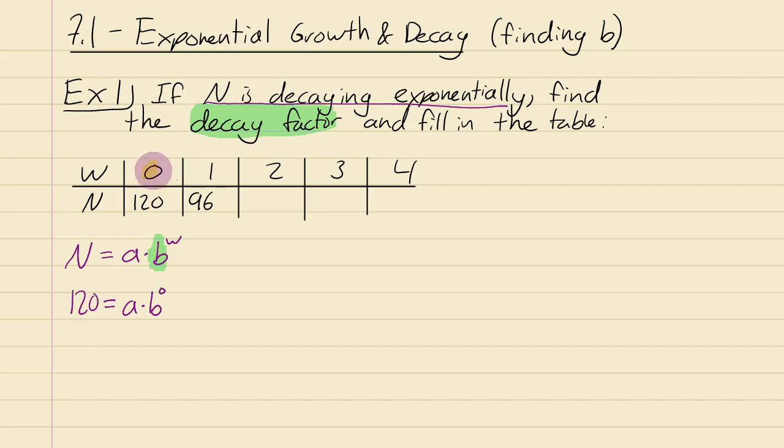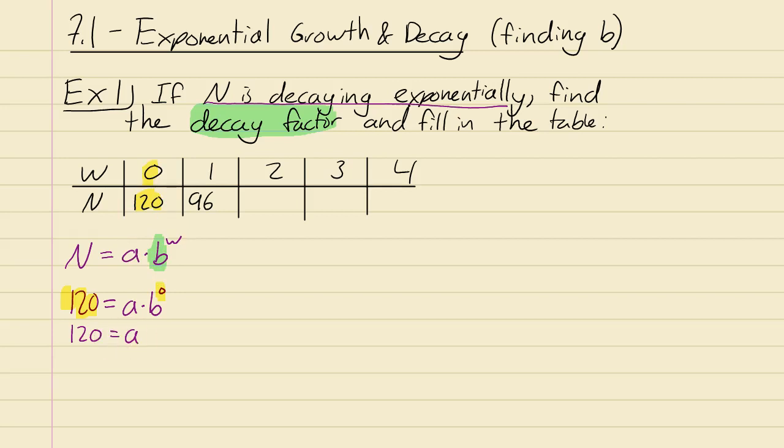Of course b to the power 0 is 1, anything to the power 0 is 1, so that tells you that a is 120, which you knew because a is always the starting value.